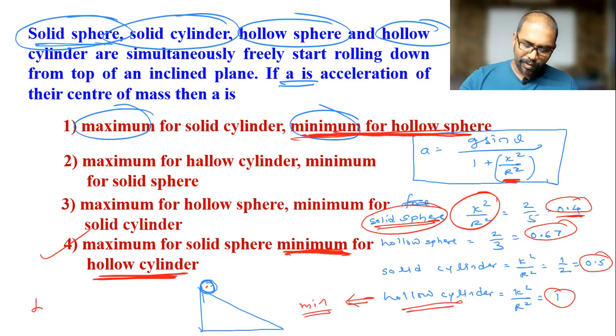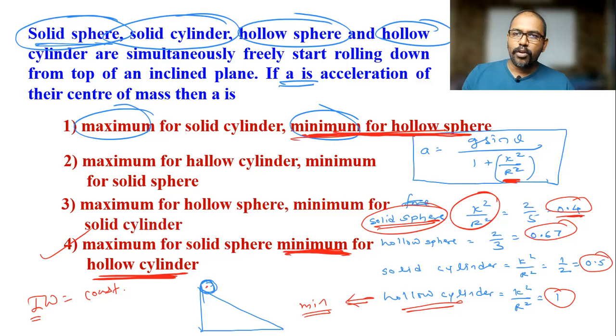You know that I omega is constant, so I and omega have an inverse relation. Based on the same logic, you can decide which one comes first and which comes last. Acceleration for the solid sphere is maximum, which means the solid sphere comes down first.